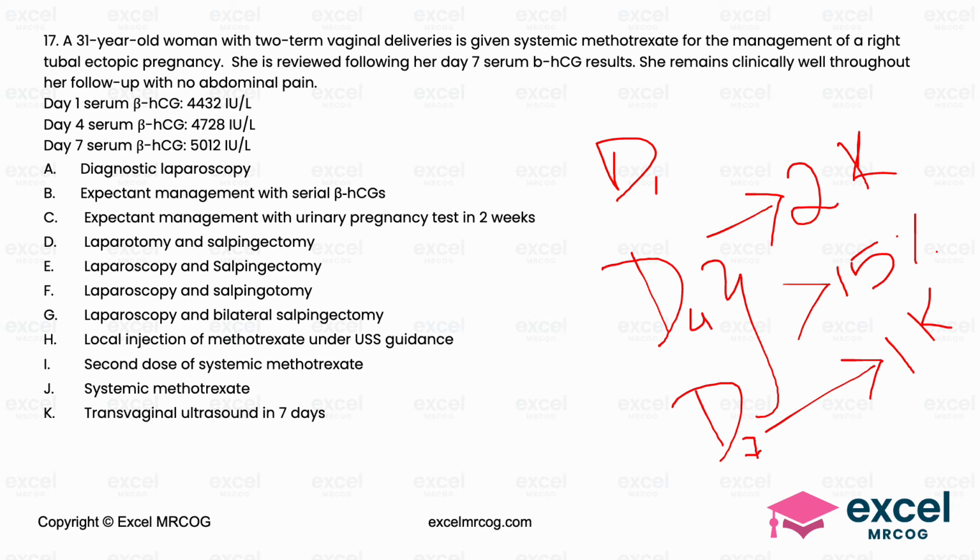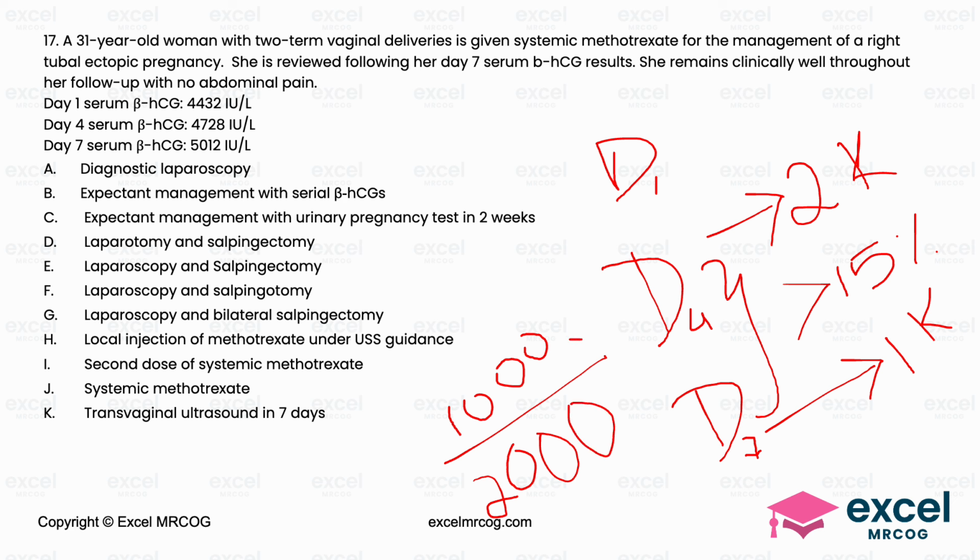So this is a good sign. How do you calculate the percentage? 2000 minus 1000, that's 1000, divided by the baseline value, which is 2000, the day 4 value, into 100. So this will give you the percentage. So in this case, we had a 50% drop in this example.